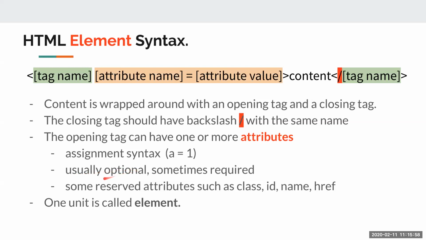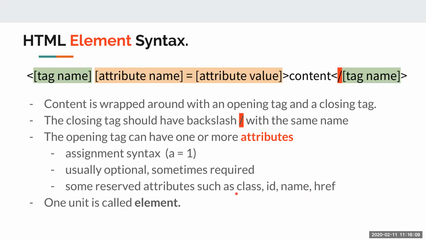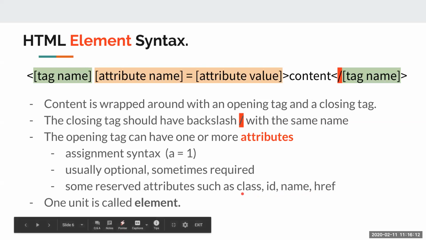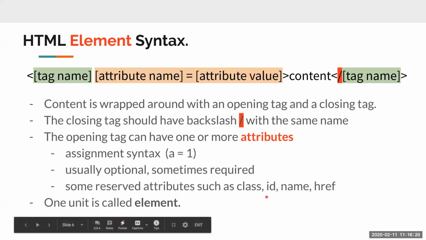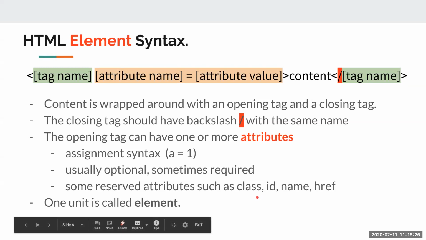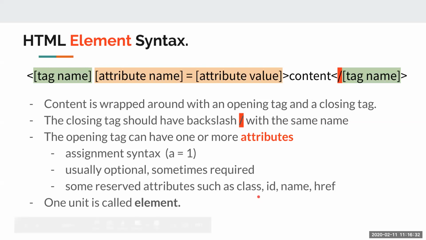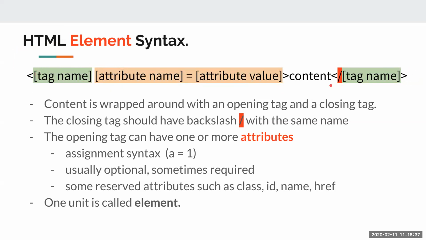Usually optional, sometimes required. Some reserved attributes are such as class, ID, name, href. We're actually going to come back to class and ID and how we're going to use them to make connections with other technologies such as CSS and JavaScript. So this whole unit is called an HTML element.